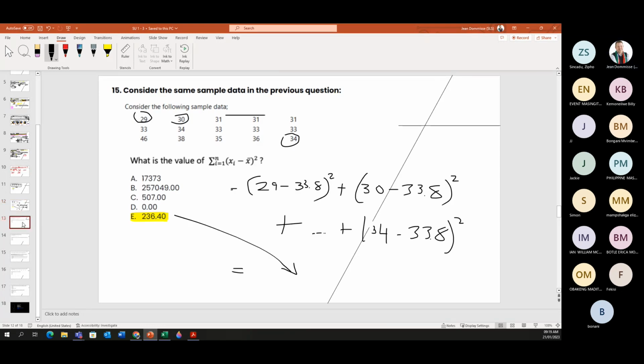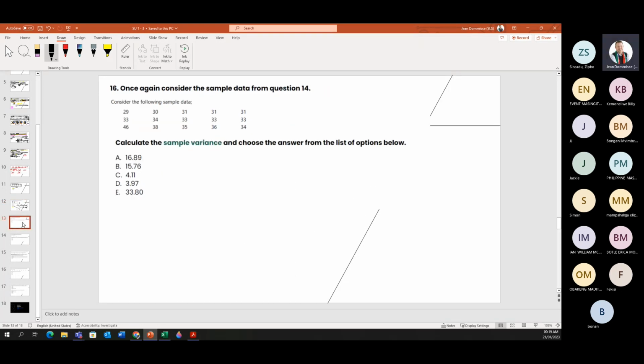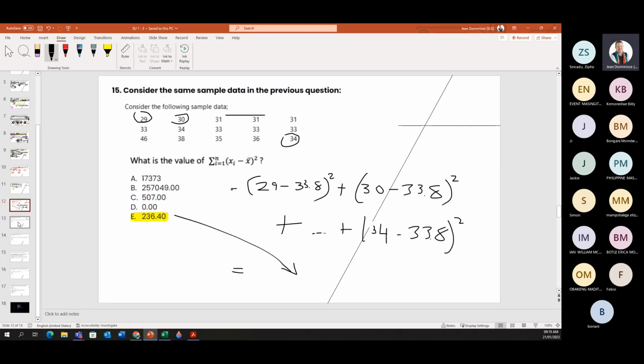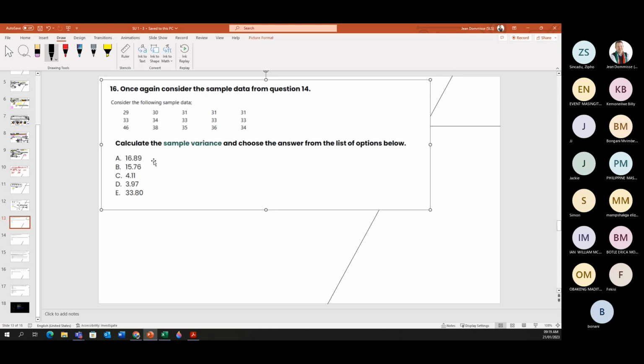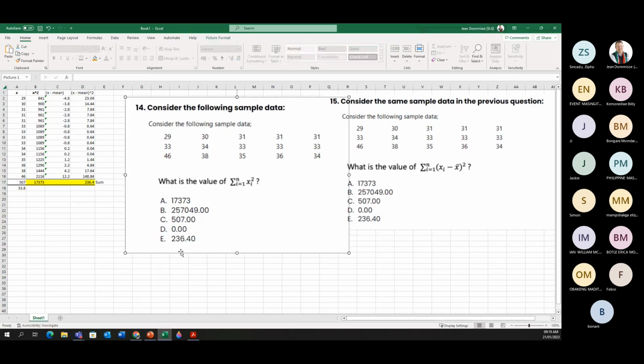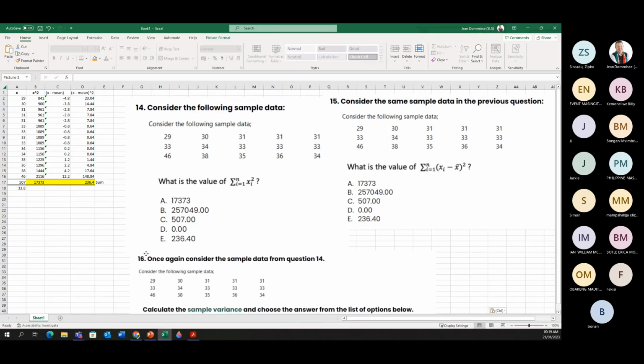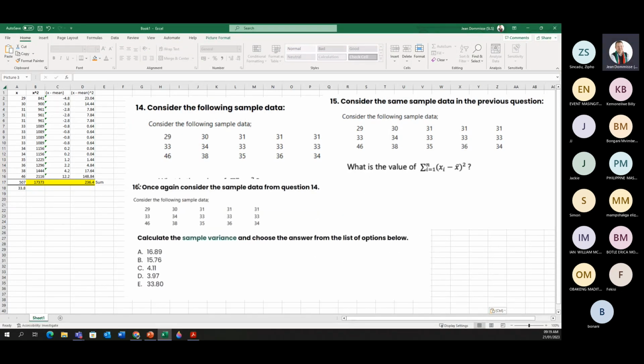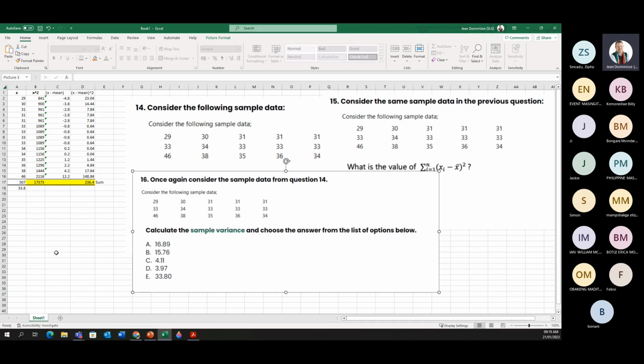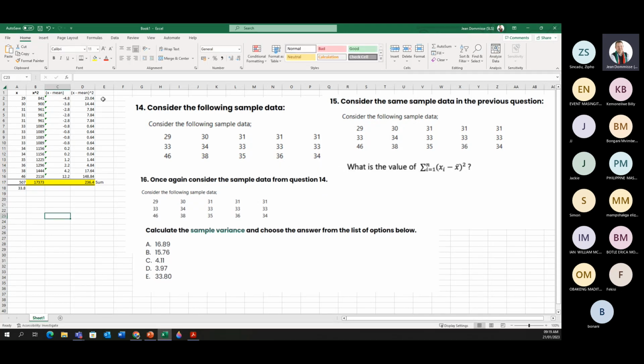Okay, so again, same set of data, calculate the sample variance. Again, I'll do it a bit cleaner when I send it on. Okay, so let's do sample standard deviation.